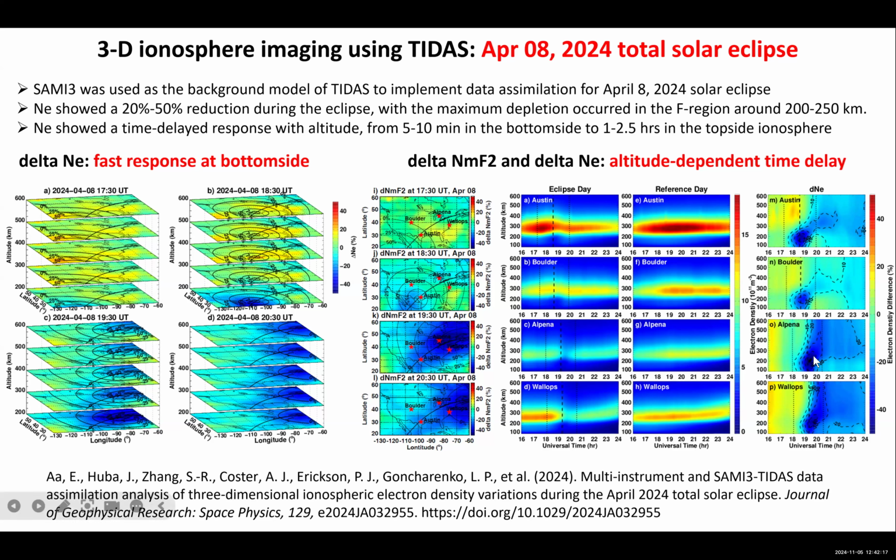And we can see that the largest depletion occurred around 200 kilometers. It's about a 50% reduction. So TIDAS reconstructed these altitude-dependent differences in electron density response.